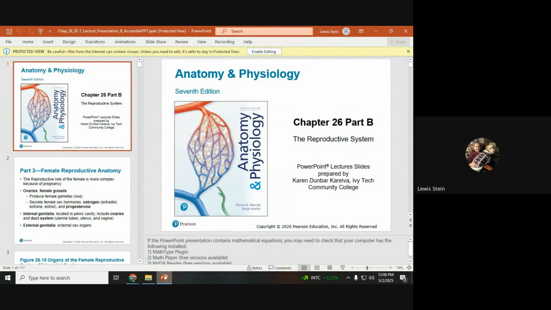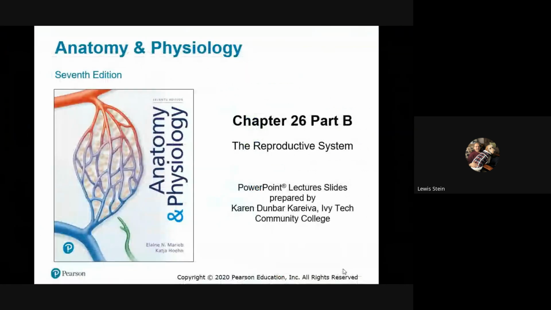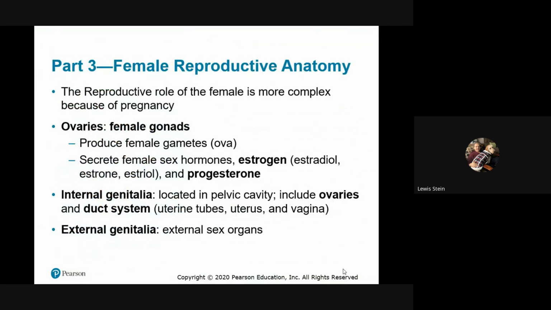Female reproductive. So when we talk about this particular system, I do not want to spend a lot of time going over the anatomical basis. It's the same regulatory things, the same GnRH arc, except rather than testosterone as in the male, the hormones we have are estrogen and progesterone.